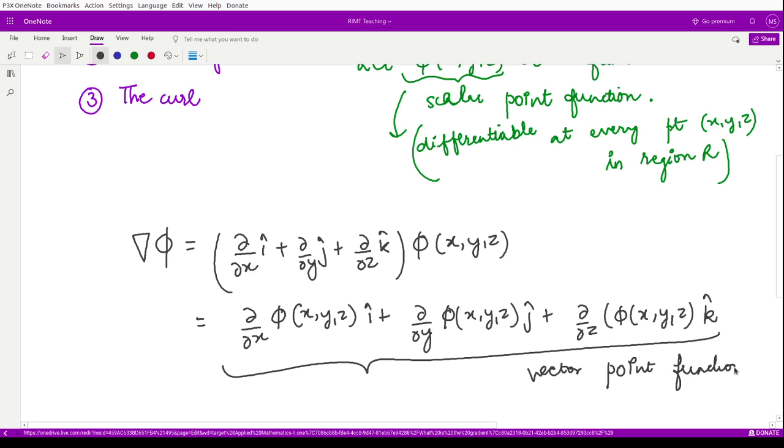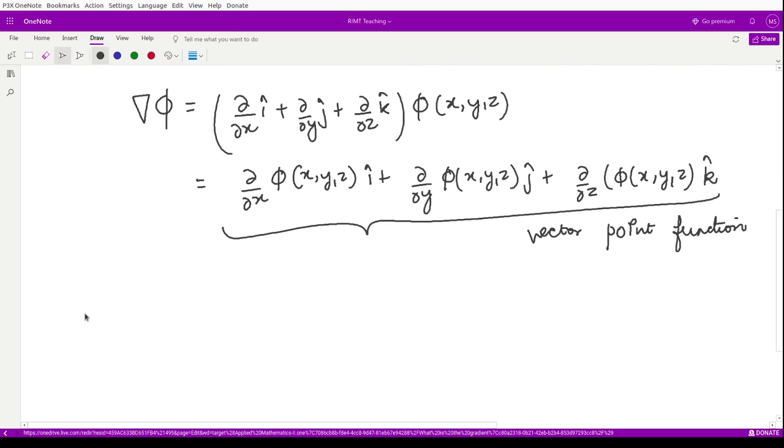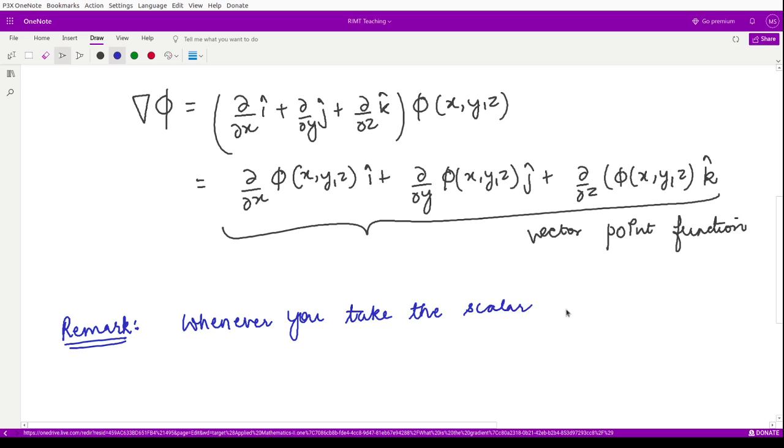So let me write a remark here. Whenever you take a scalar point function and calculate the gradient of that scalar point function, the gradient will always be a vector point function.